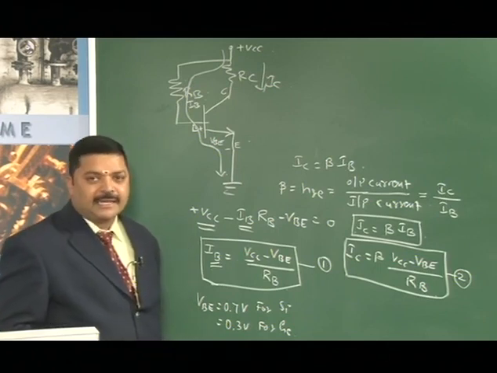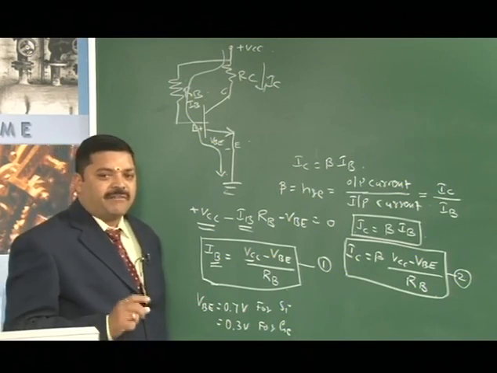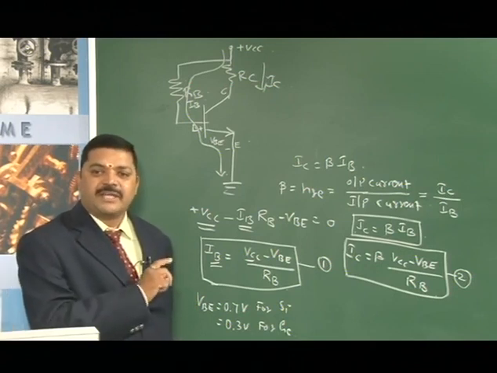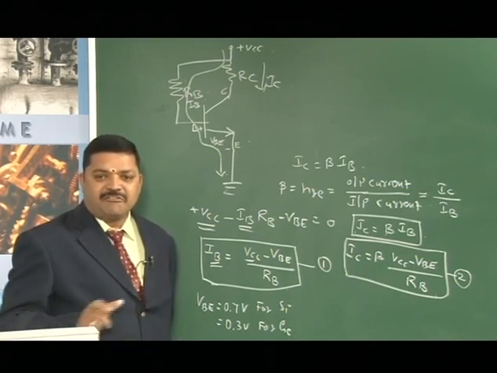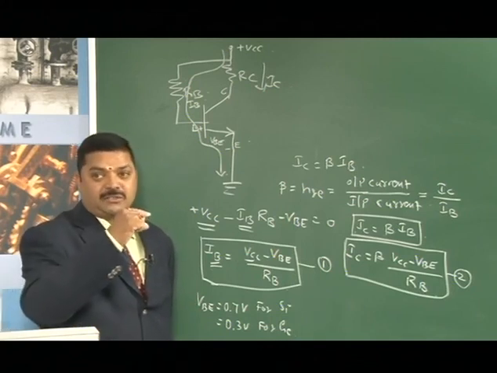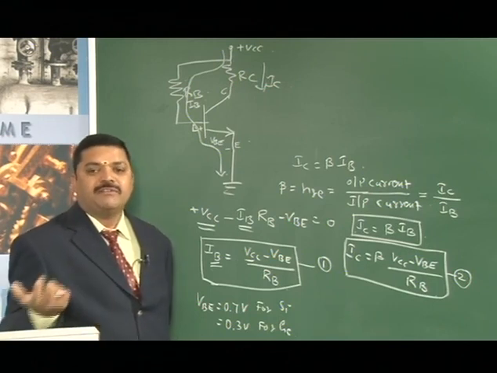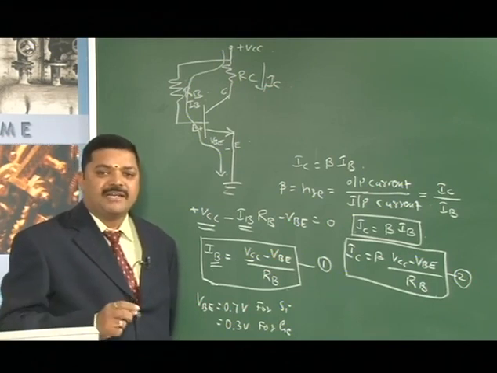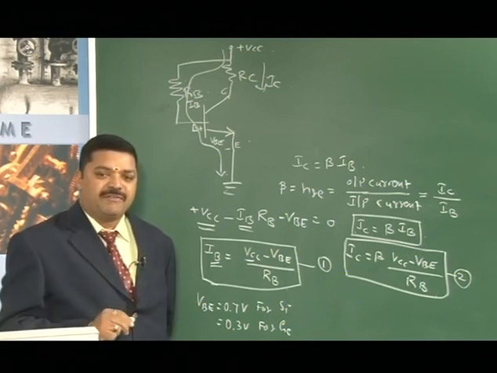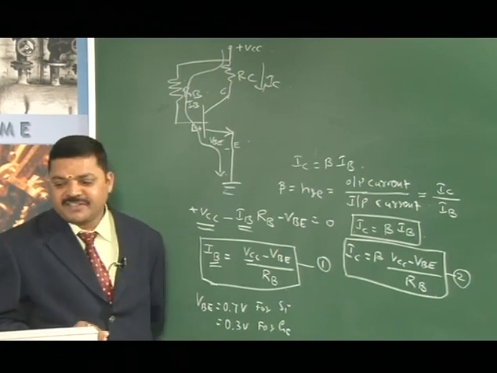Since the collector current is constant, once we fix the operating point at the center of the active region for fixed bias circuit, it won't be further varied. Varied means it may not move upwards, then also we get unfaithful amplification. It won't move downwards, then also we will get a constant output. So faithful amplification we will be getting since IC is constant.